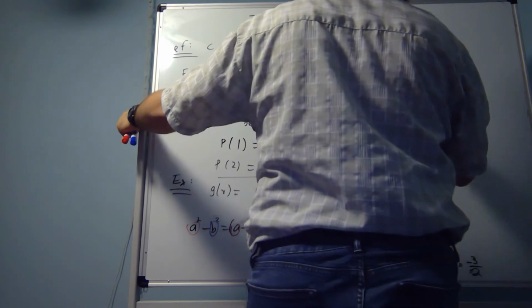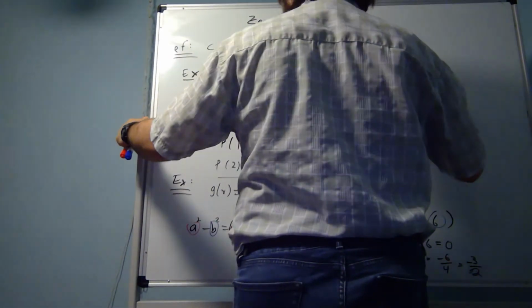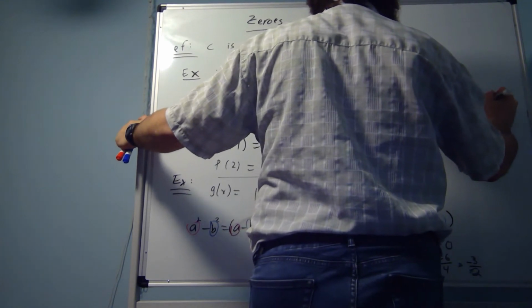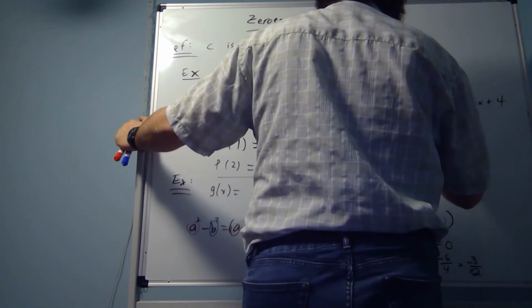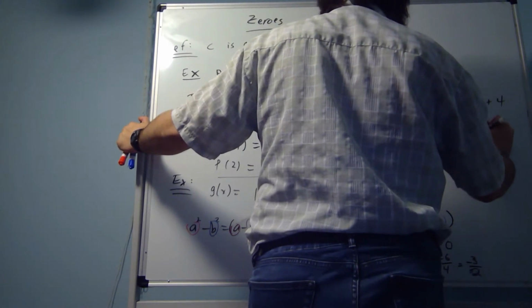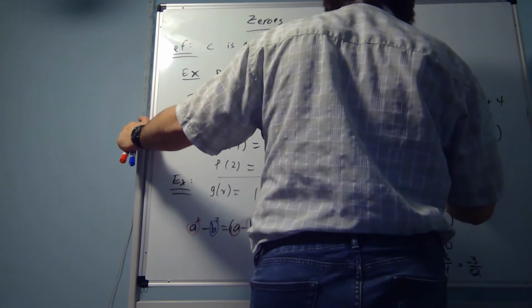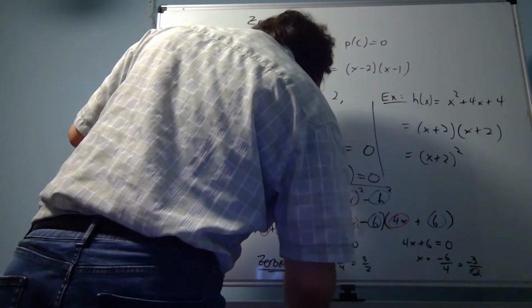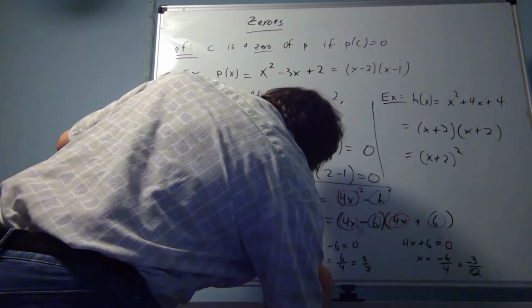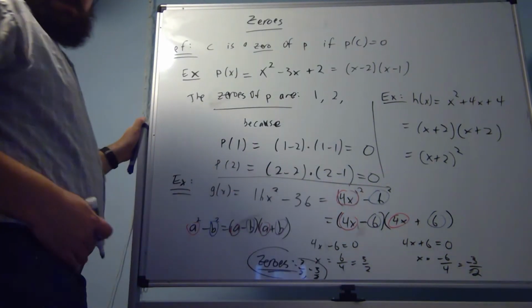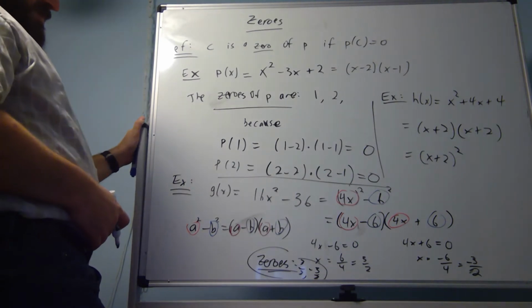Actually, before I talk about the next concept, I want to do one more example. There's one thing that hasn't happened yet, and this one's really special because we factor this. Sorry, for the previous problem, 3 halves and negative 3 halves were the zeros.